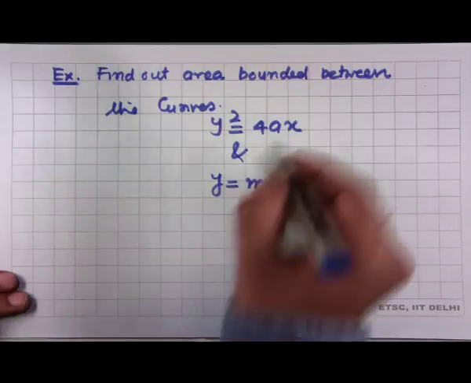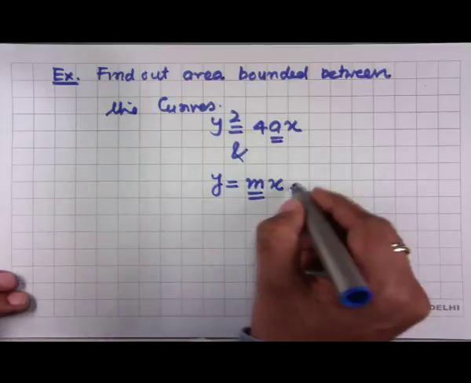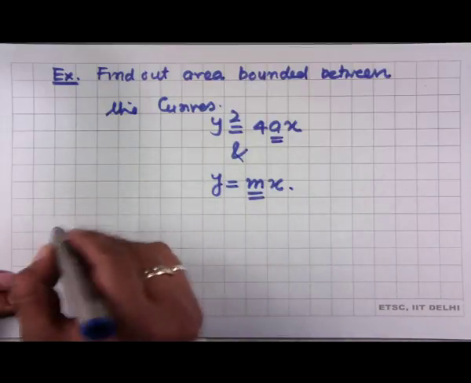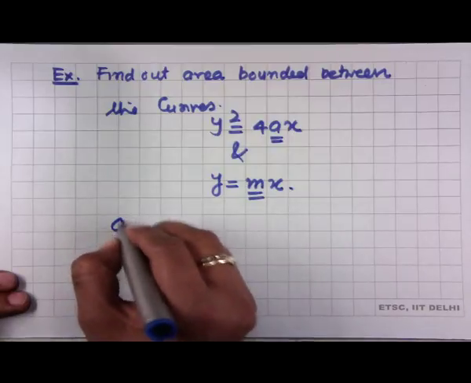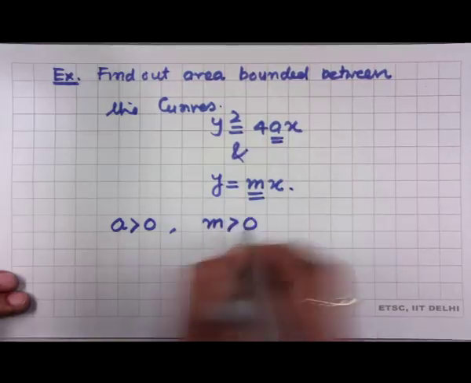We need certain conditions on a and m so that we can at least plot these curves properly. So, we assume that a is positive and m is also positive.